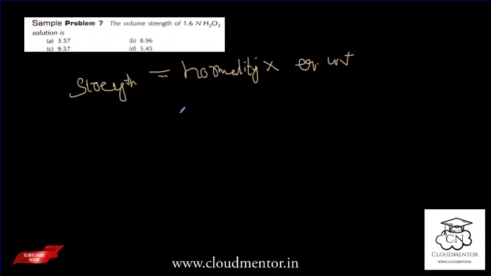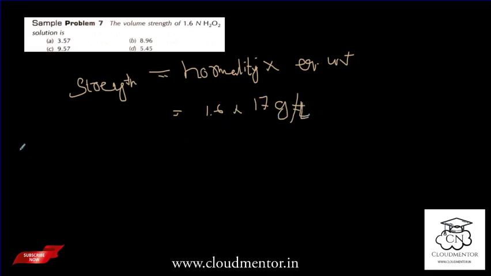The normality is 1.6 and the equivalent weight of H2O2 is 17, so we get 1.6 into 17 gram per liter. This is the strength.